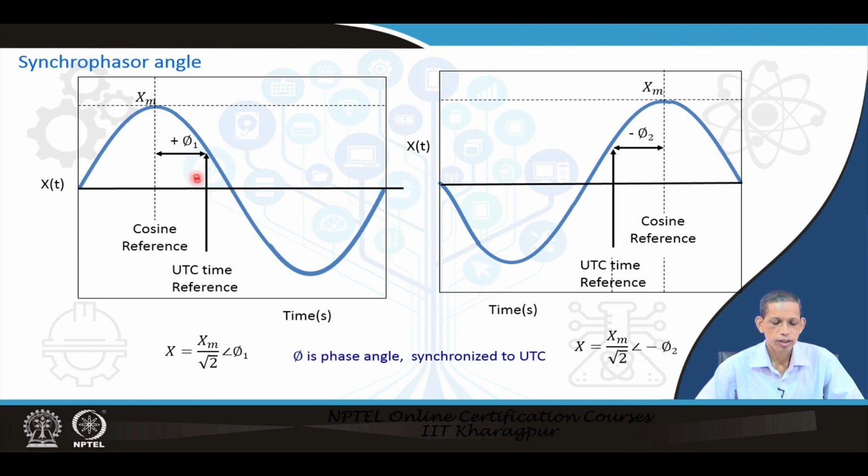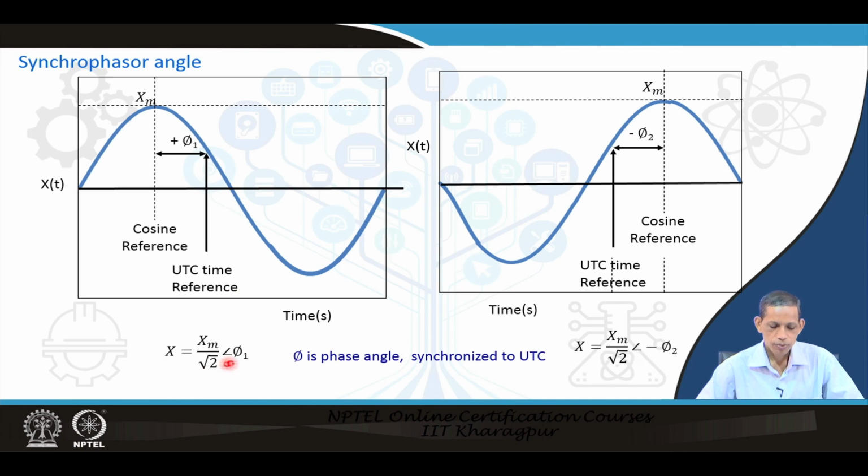We have this UTC time reference, as already mentioned, available from the measuring device, PMU or relay, which has the GPS antenna. Once it receives the UTC time reference, if that time reference is ahead of the positive peak, then the angle between these two is taken as a positive angle.